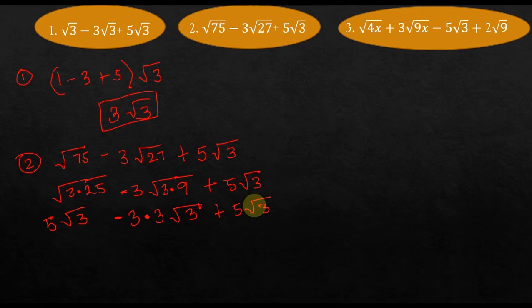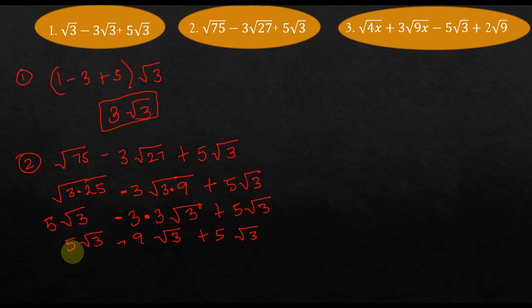But before adding or subtracting the terms, we must first simplify this one. Negative 3 times 3 will give us 9. So I'm going to write this as 5 square root of 3 minus 9 square root of 3 plus 5 square root of 3. Now, combining the coefficients of those terms that have similar radicals.